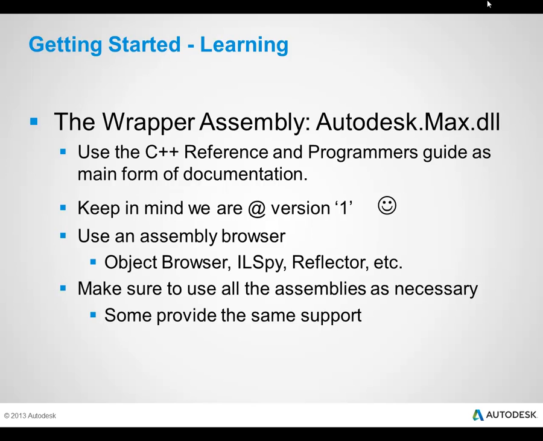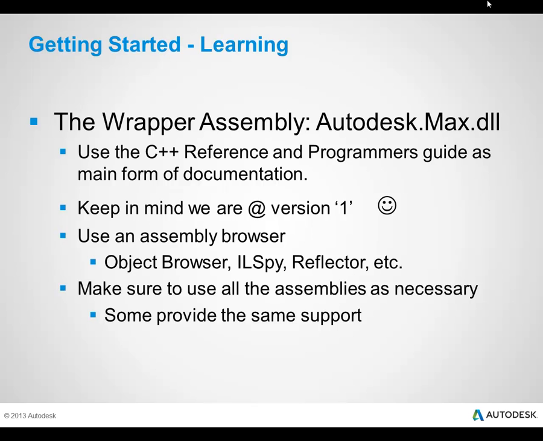The main thing to use to learn it would be an assembly browser of some sort. So when we were on the reflection page, it's that idea that you can open the assembly outside of the running environment of 3ds Max in this case and look directly at the APIs.